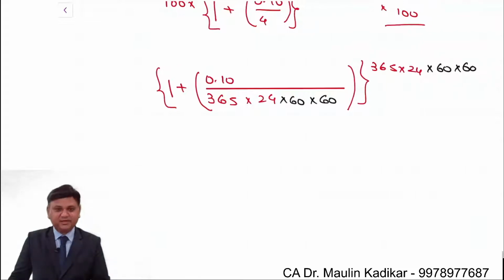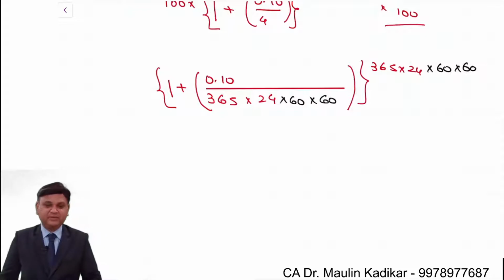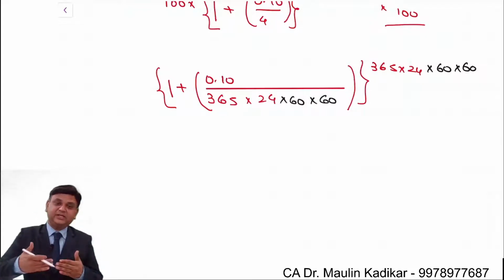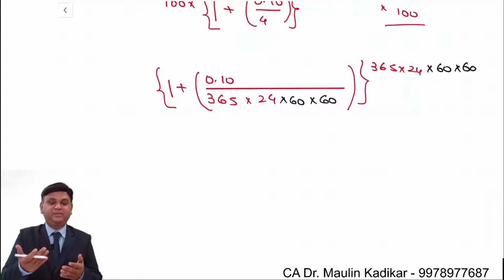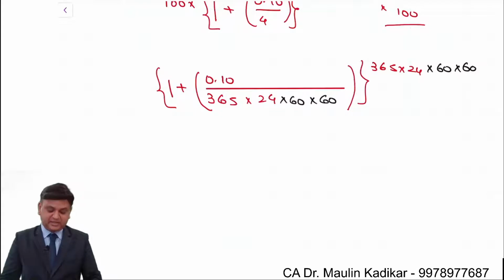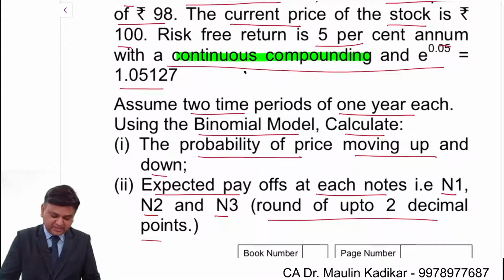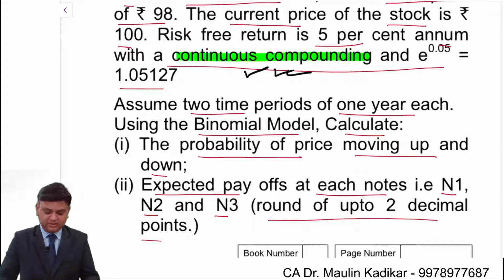It sounds very funny, but this is the concept that we have. Now if the compounding is done for still more number of times, not just every second, the compounding is still more, then it is given a name as continuous compounding. So we understand the concept of continuous compounding.